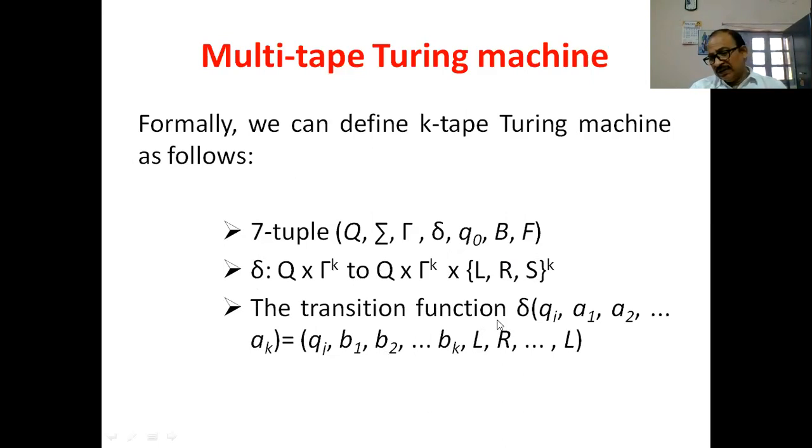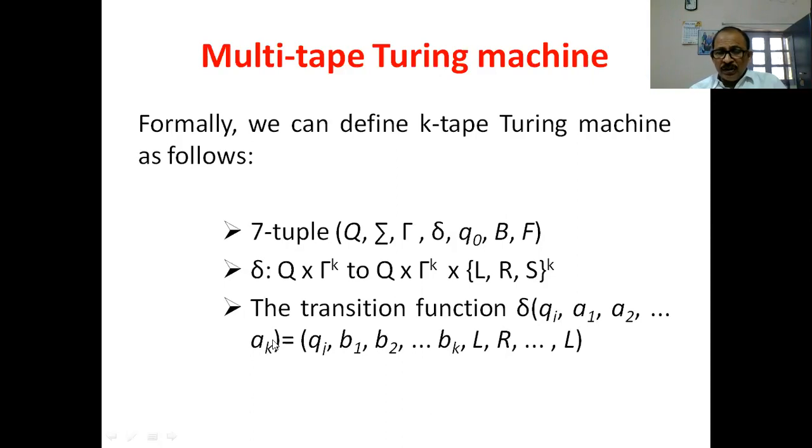Let us see how we define the transition function in a multi-tape Turing machine. Suppose the machine is in a state Qi, and it reads A1, A2, up to AK.